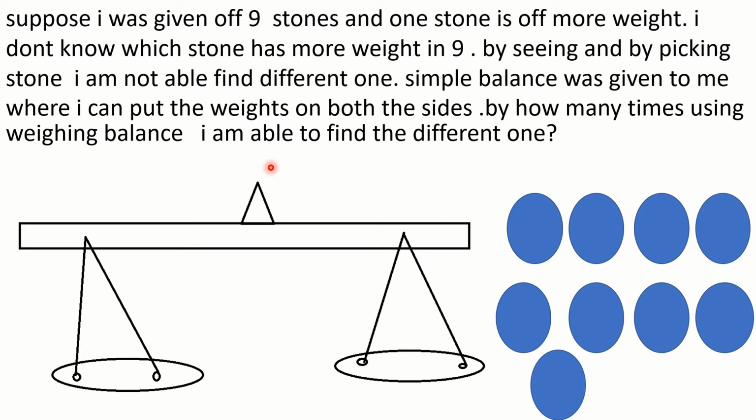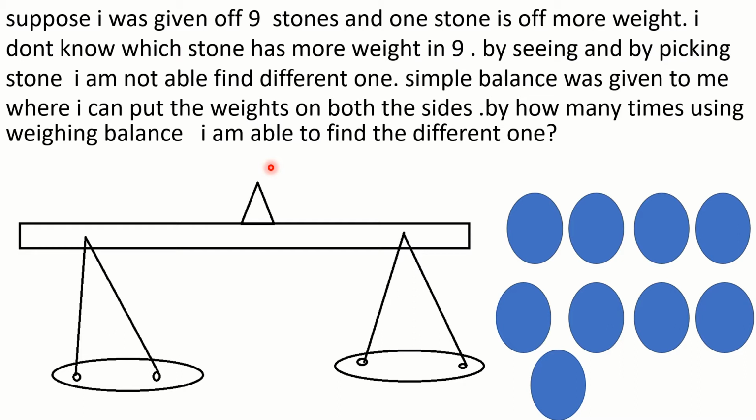So we take the 4 and divide them into 2. We put 2 stones on one pan and 2 stones on the other pan, because in those 4 stones only one odd one is there.